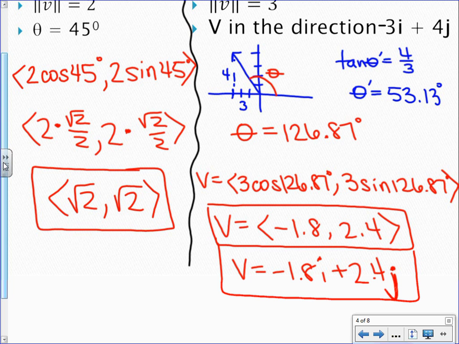So when you're checking your answers in the back of the book, they may have written this as negative 9/5 and 12/5. If that happens, then just find that decimal approximation in your calculator and make sure yours would be the same. Okay? I'm fine with decimals though.